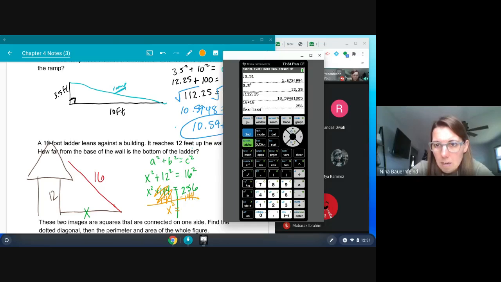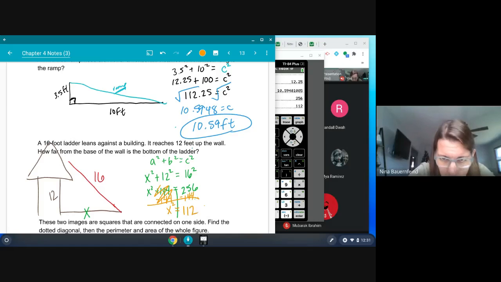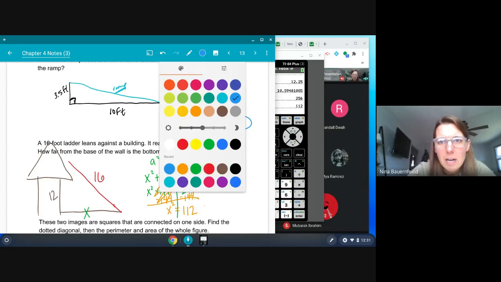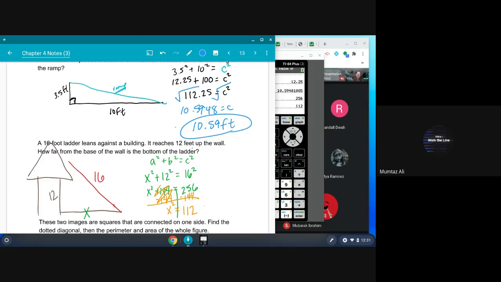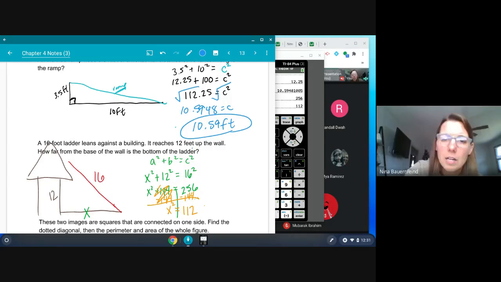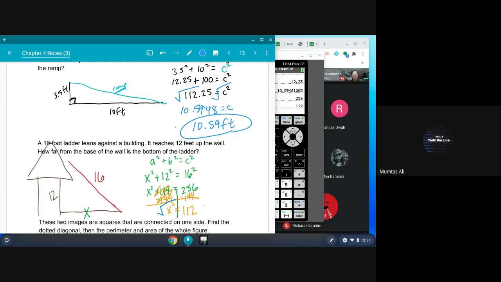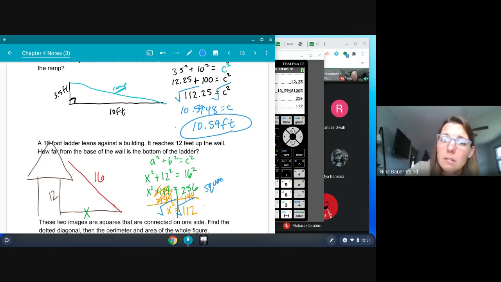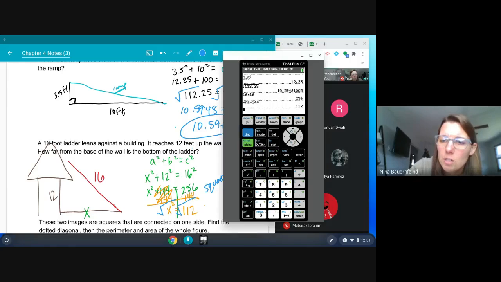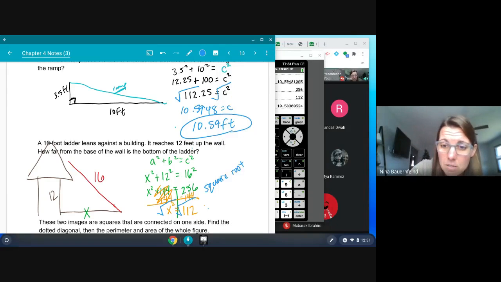Whoa, it's a lot of fours. That is 112. And then what's our last move every time when we do the Pythagorean theorem? First we got to square root. Oh, sorry. That's all right. So we'll square root first. So square root 112 is 10.583 blah blah blah.